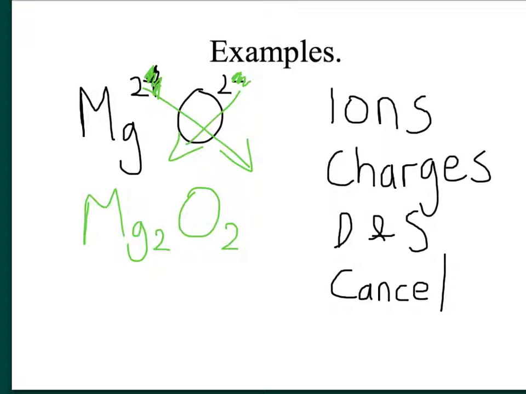And what we can do here is cancel the 2s, and they will become 1s. Don't write the 1s, and so the formula for that one is MgO. Important thing there, we had the 2s, and we've just cancelled those 2s, and they've become 1s, but we don't write magnesium 1 oxygen 1, we write it without the numbers.